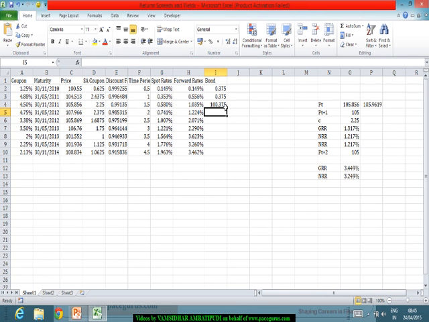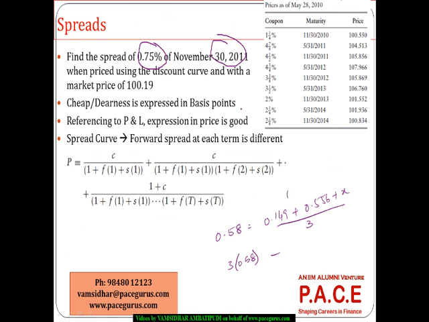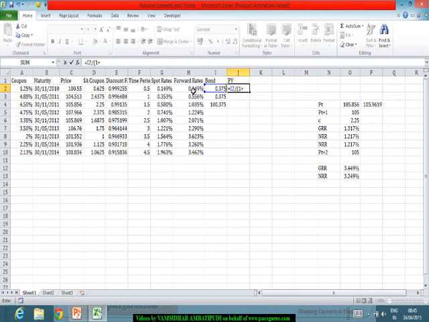So based on this I can find out the present value of all these cash flows by discounting it by 1 plus r_t by 2 to the power 2t. So I am going to discount it with the spot rate by 2 to the power 2 times the time period.